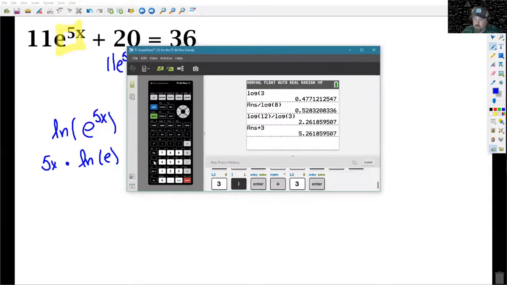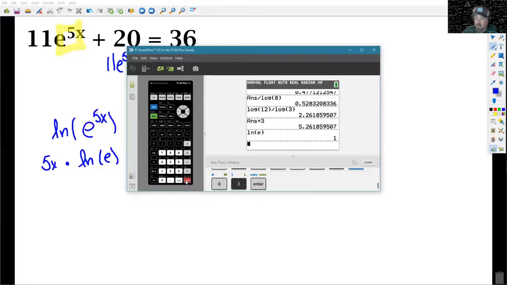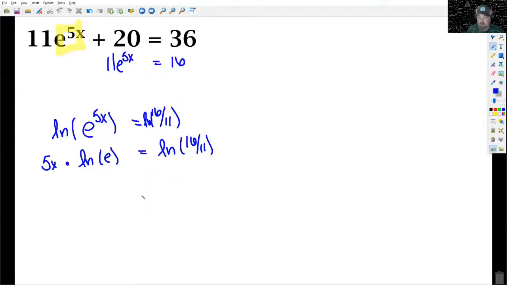We've done this once before. So natural log, you've got to hit the second key here to get this e in. And what we see here is that's 1. And that's where this becomes a little bit easier. This right here equals 1.